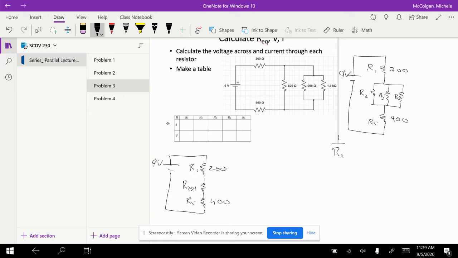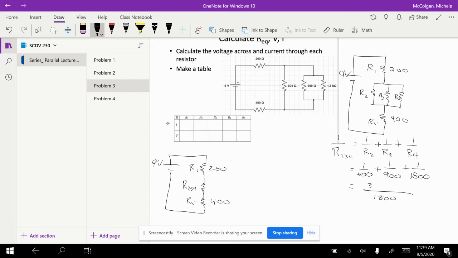So 1 over R234 is equal to 1 over R2 plus 1 over R3 plus 1 over R4. And so that's going to equal 1 over 600 plus 1 over 900 plus 1 over 1800. I can find a common denominator, so it's going to be 1800. And I'm going to have 3, right?